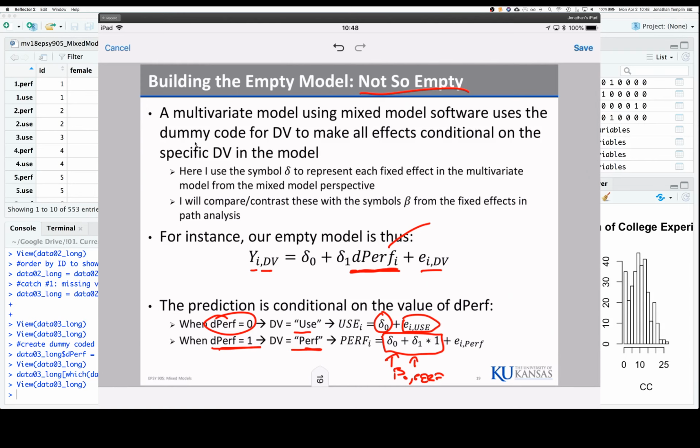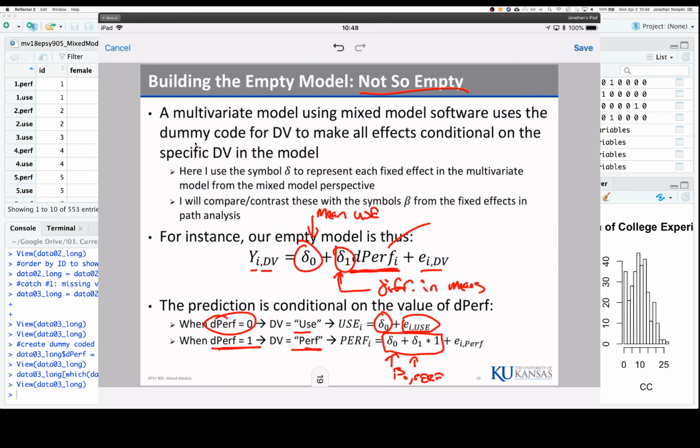What delta 1 represents then, actually let's go back and interpret this. Delta 0 would be the mean of usefulness, and delta 1 would be the difference in means. Just like we would see with a dummy coded variable for a different grouping variable.